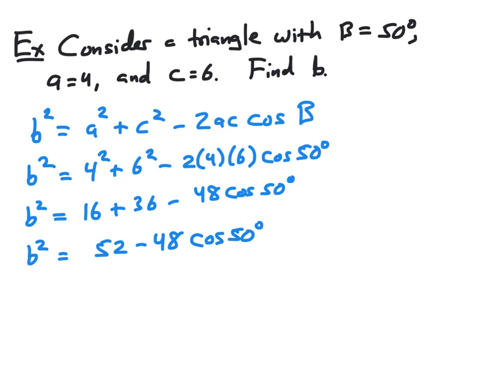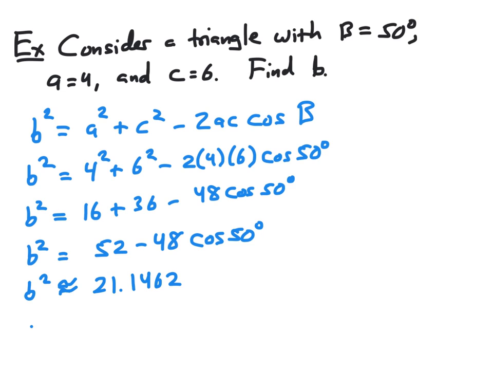At this point, there's nothing else that we can do without a calculator. So we use a calculator to compute the number 52 minus 48 cosine of 50 degrees. And we obtain 21.1462. And that's an approximate value rounded to 4 decimal places.